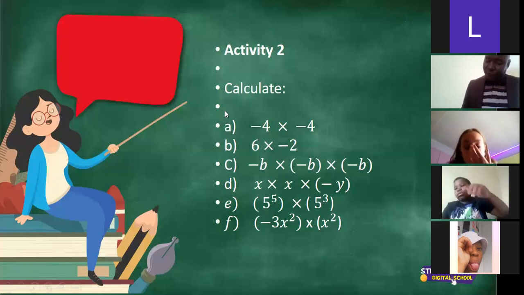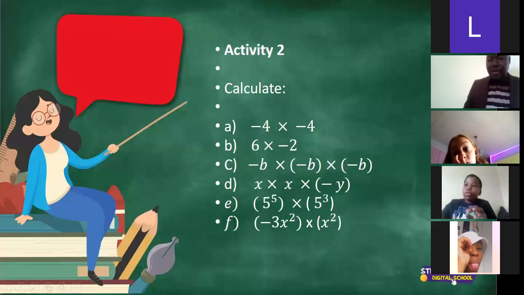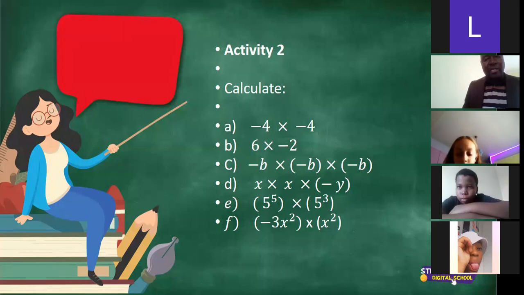-4 and -4, what do you get? Obviously, you need to remember your multiplication. When you multiply signs, a negative number multiplied by a negative always gives you positive.